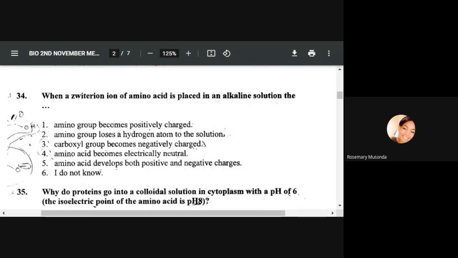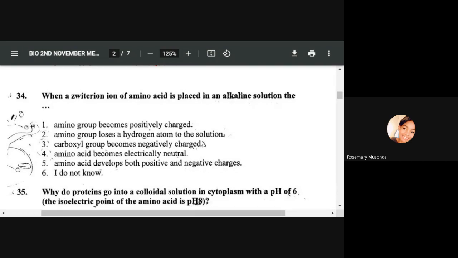Okay, so if an acid is added to a solution containing the deuterium, the carboxylate group captures a hydrogen ion, and the amino acid becomes positively charged. If a base is added, removal of the hydrogen ion from the amino group of the deuterium produces a negatively charged amino acid.